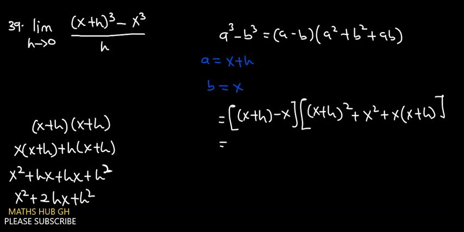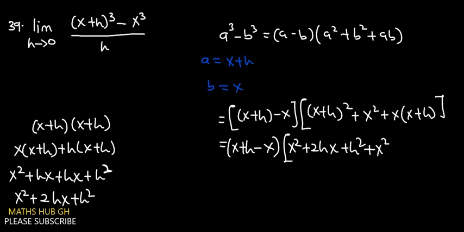So at the end, for this part you're going to have (x plus h minus x), all this multiplying (x squared plus 2hx plus h squared) plus x squared plus (x squared plus hx). This is what you are going to have.